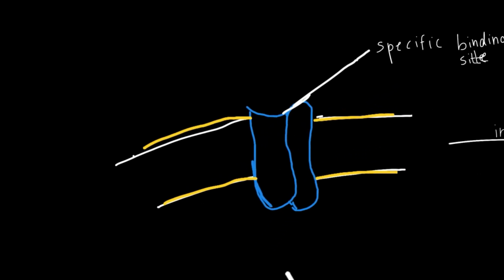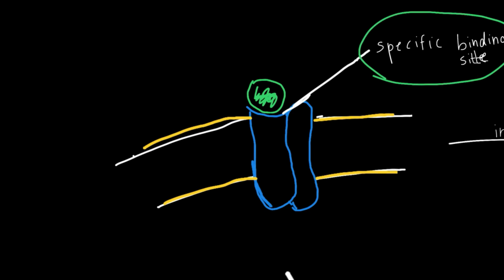Right, so this is a carrier protein. Think of this as a glucose molecule. This glucose molecule comes and binds to the specific binding site for glucose.